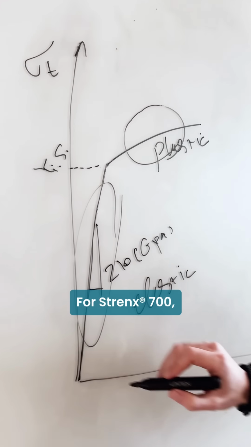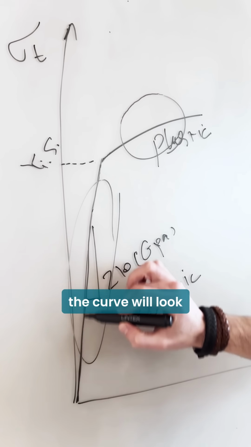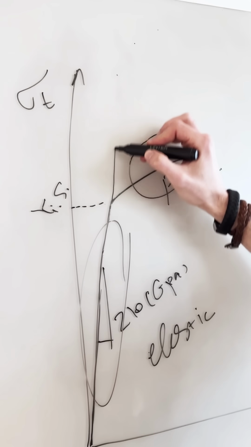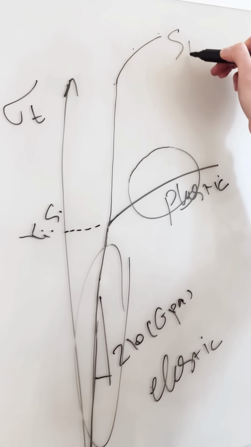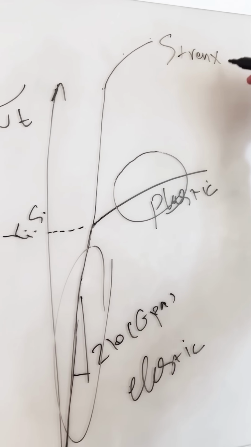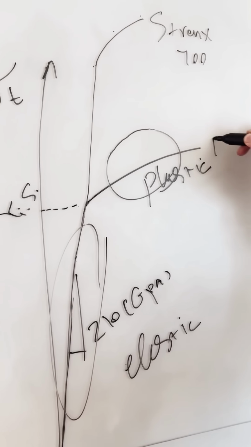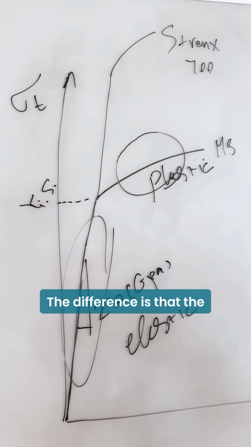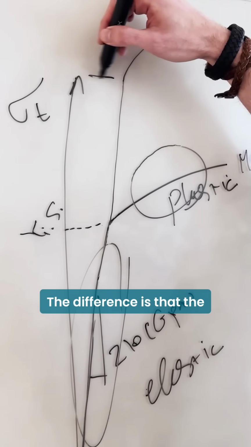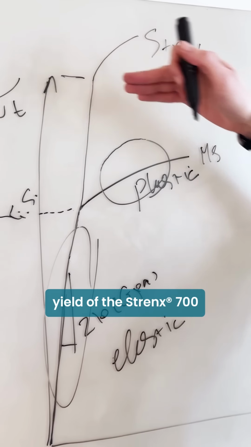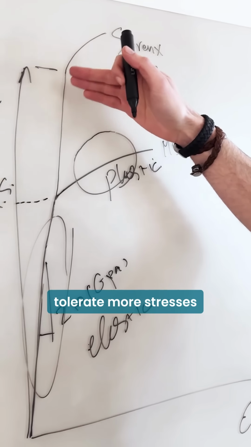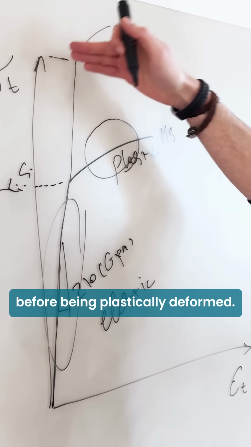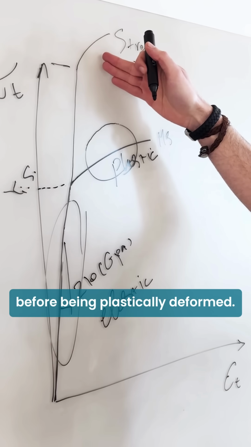For Strenx 700, the curve will look something like this. And mild steel. The difference is that the yield of a Strenx 700 is much higher than mild steel, meaning that it can tolerate more stress before being plastically deformed.